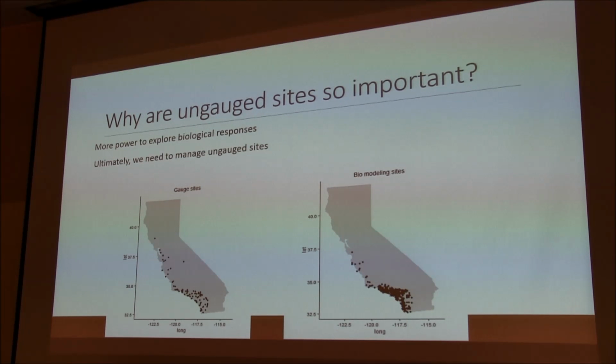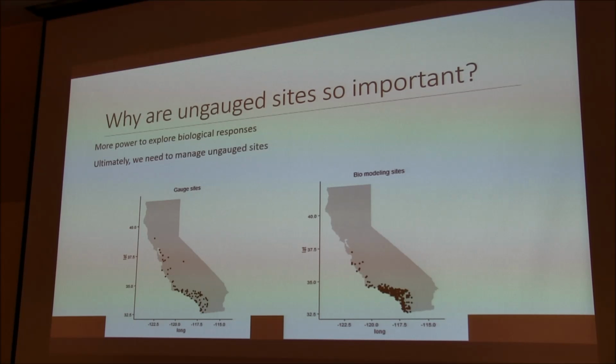So why are ungauged sites so important to us? Well, there's two reasons. Our study area was in Southern California, and if we were just to focus on the areas where we had bioassessment data and flow data, we were talking about maybe 100 sites, and probably a lot less than that if you really want to filter out some of the poor data records or low data quality. So that really doesn't provide, in our case at least, a good foundation for modeling.